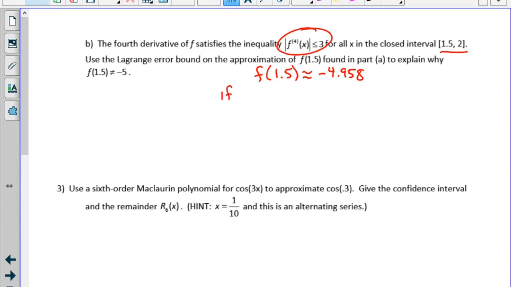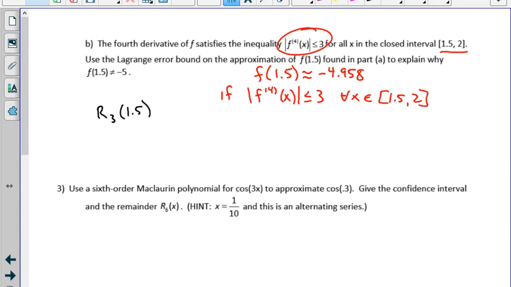So if we know that the absolute value of the fourth derivative is less than or equal to 3 for all x in the interval 1.5 to 2, then I'm going to notice that my R3 of 1.5, which will be the next term, the maximum derivative times x minus 2 to the fourth over 4 factorial, is my remainder R3.